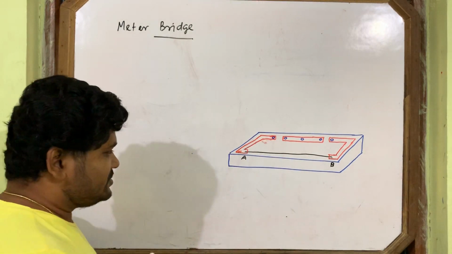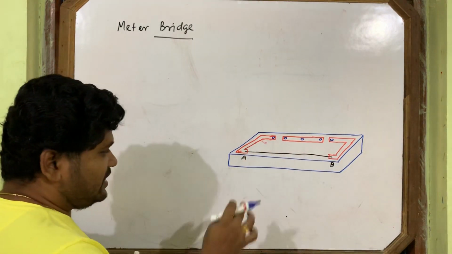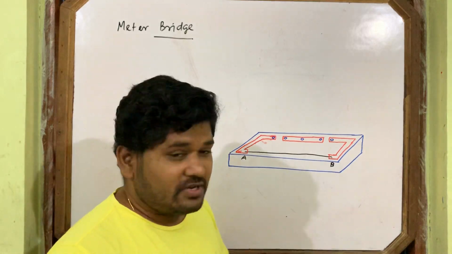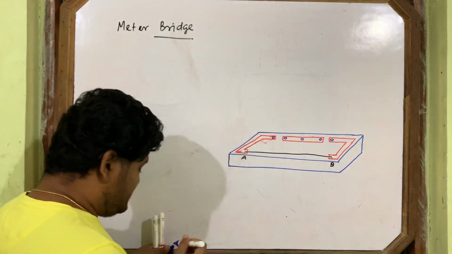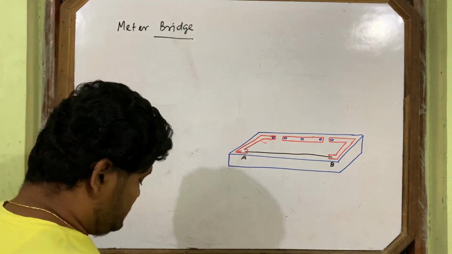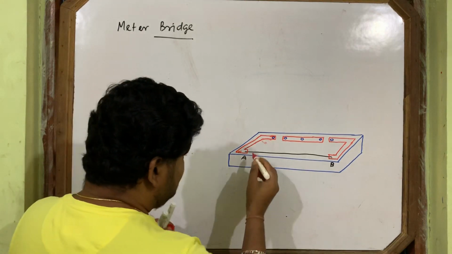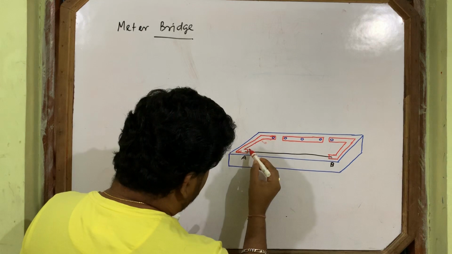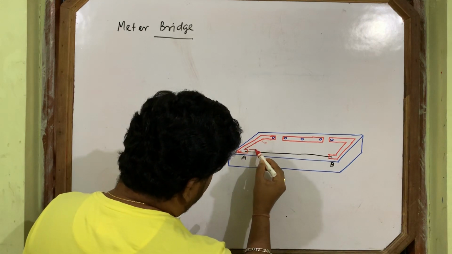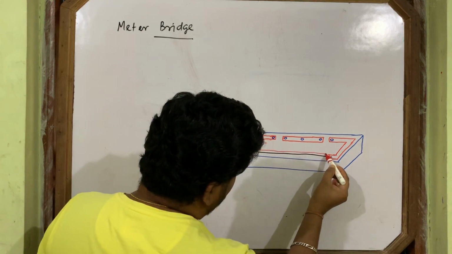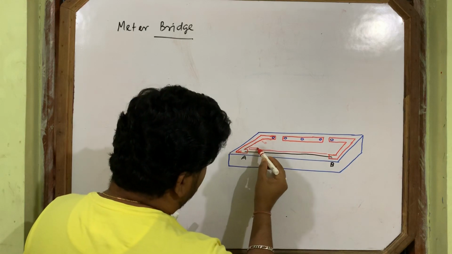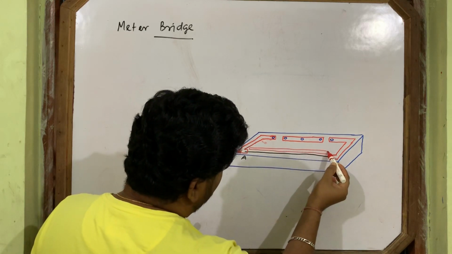So this is the 1 meter long wire. How do I know that this wire is 1 meter long? One scale is also fitted here to know it is 1 meter long. I am just setting the scale here, from this to this, just parallel to the wire. I am drawing a very narrow scale.